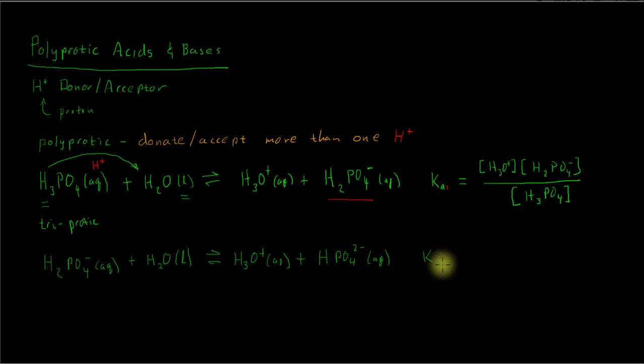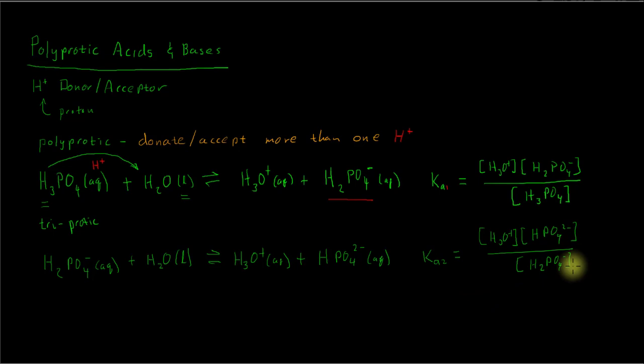And so there's an equilibrium constant for this reaction, of course. We could write down a Ka, and since we've donated now the second of 3 protons, we're going to call this Ka2 for the second proton. And so its equilibrium constant expression would be the concentration of H3O+ times HPO4 2-, divided by the concentration of H2PO4 1-, right? So that would be our equilibrium constant expression.